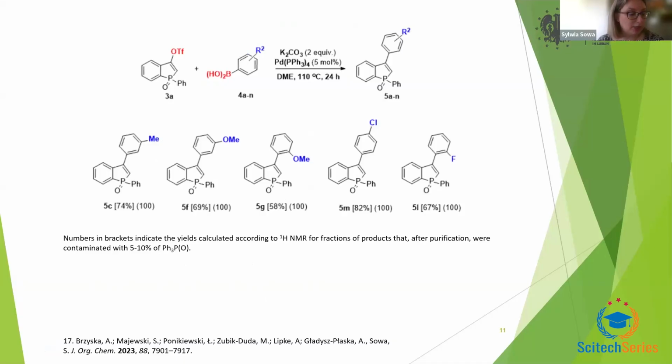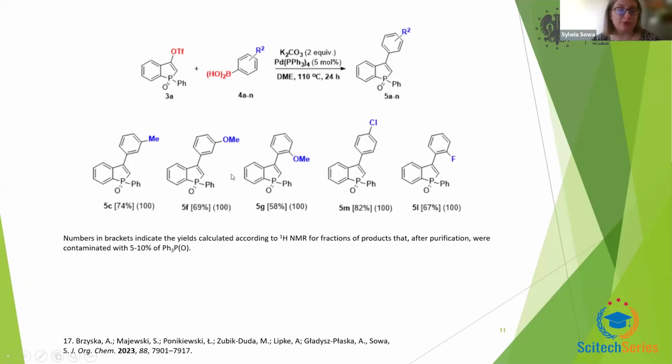Unfortunately, when we go to the para-chloro-substituted or the other benzophospholes, which are derived from boronic acids with meta and ortho substitution, the purification was difficult and impeded by the presence of triphenylphosphine oxide.